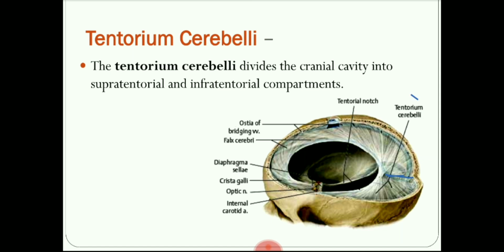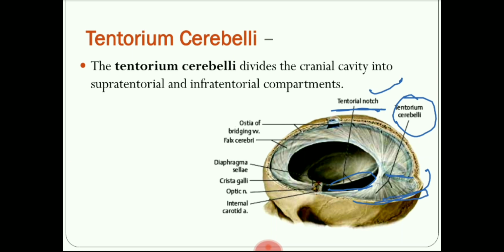Now this tentorium cerebelli has an attached margin and a free margin. This free margin anteriorly forms a U-shaped region known as the tentorial notch, through which the midbrain is passing. So this is the free end, that is the tentorial notch, and the attached part is attached to the inner surface of the cranium.